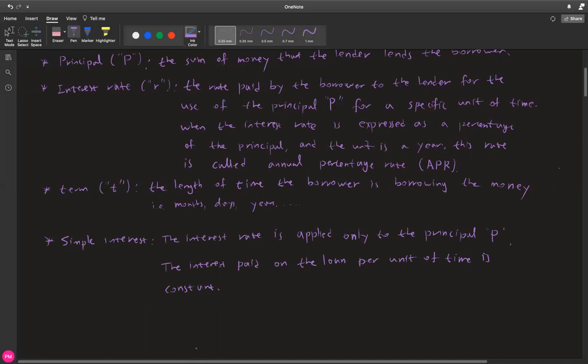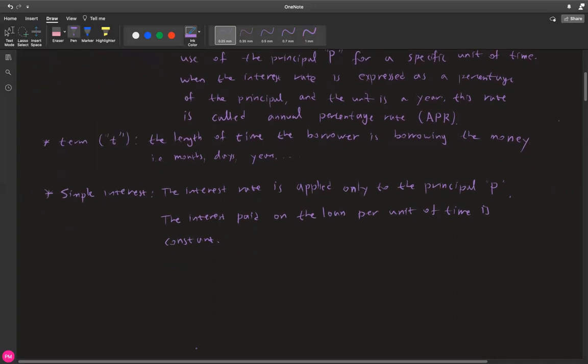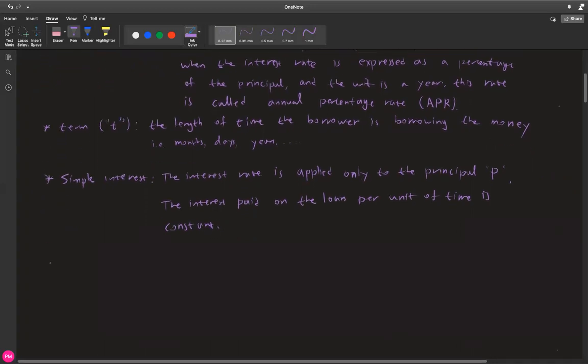And there's another type of interest, called compound interest. Simple interest is what we're going to talk about today, and compound interest is actually 10.3, which we'll learn after this chapter.